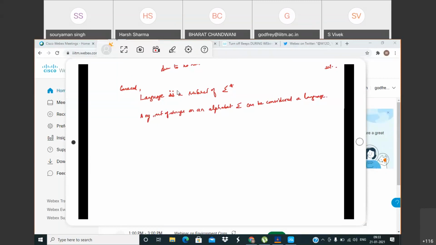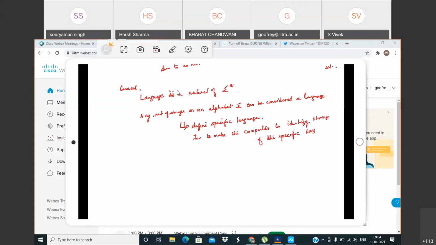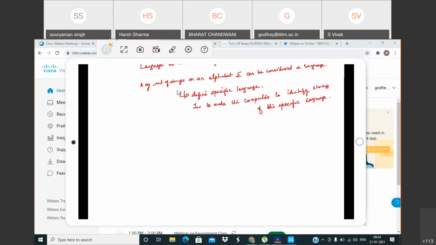Now our goal is, first of all, to define specific languages, and to make the computer identify strings of those specific languages, right? So I want to be able to define a specific language.